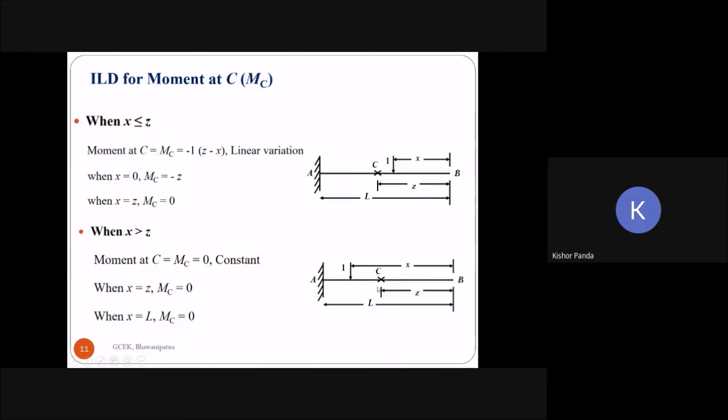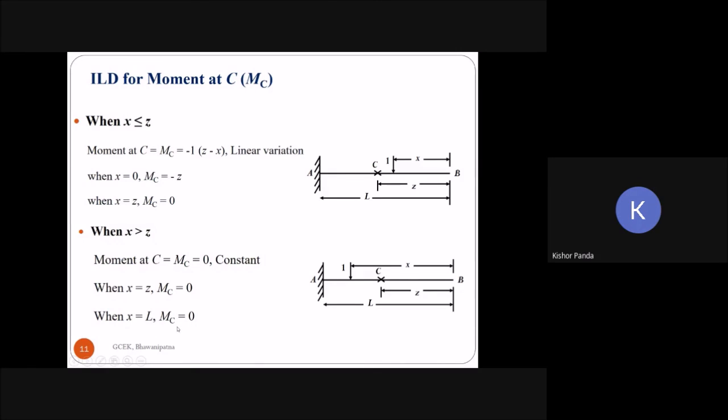Then you find out when X is equal to Z, what is MC? And when X is equal to L, what is MC? That is, when the unit load is present at C, what is MC, and when the unit load is present at A, what is MC? When X is equal to Z, MC is equal to 0, and when X is equal to L, MC is equal to 0.